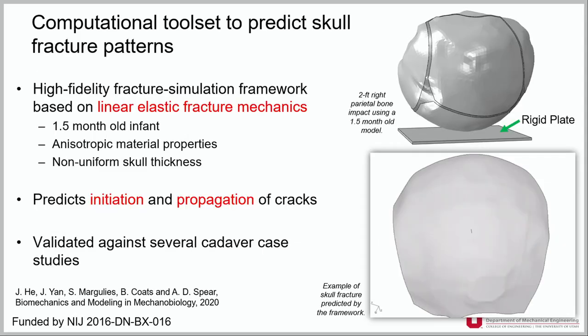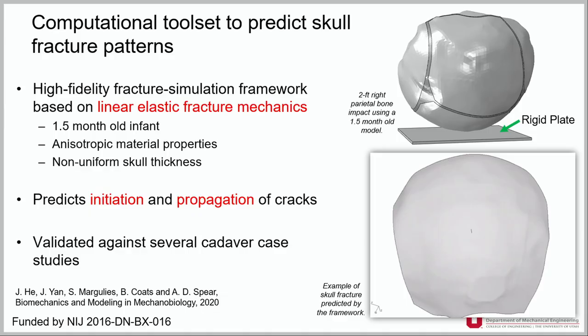So to get us to this point, we previously developed a computational tool set to predict skull fracture patterns. This was a previously funded project. And so we used fundamental fracture mechanics, which surprisingly is not used often in the bio realm. It's used often to predict crack growth in airplanes. So there's actually quite a strong literature behind fundamental fracture mechanics. It's been around forever.